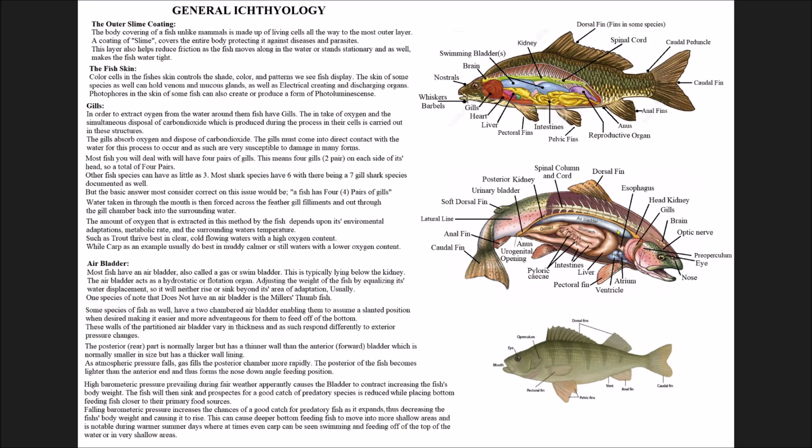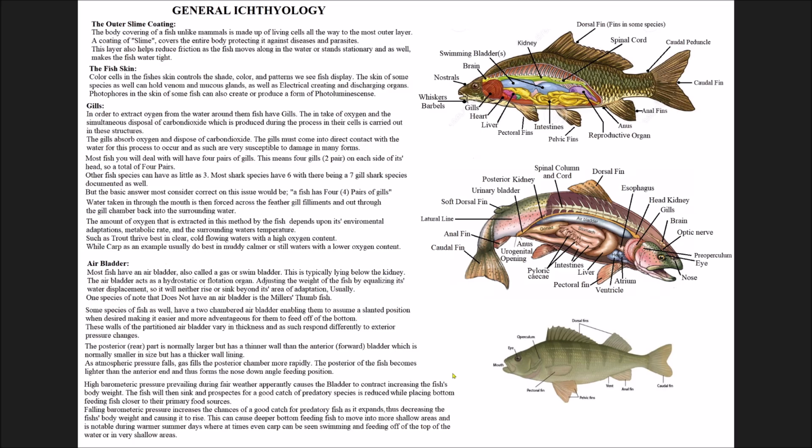A trout, for instance, has 1 air bladder. The air bladder acts as a hydrostatic or flotation organ, adjusting the weight of the fish by equalizing its water displacement, so it will neither rise nor sink beyond its area of adaptation usually, unless it decides it wants to go there. Then of course it can swim up, down, wherever.